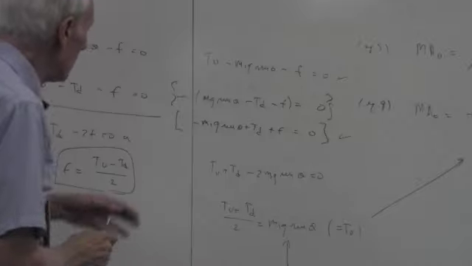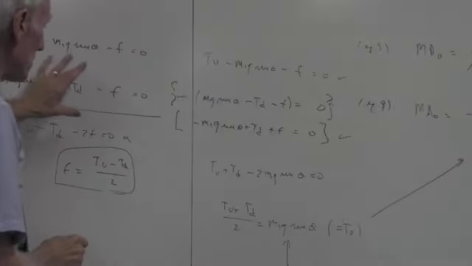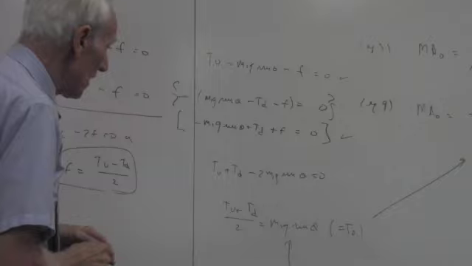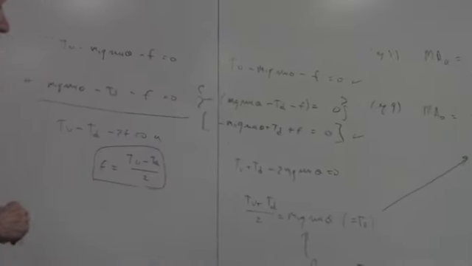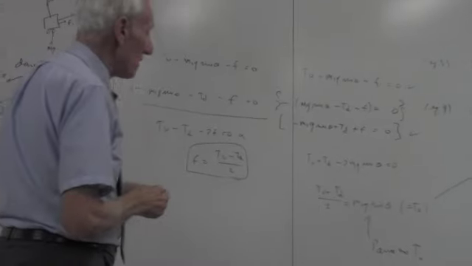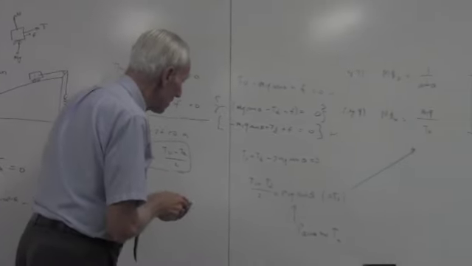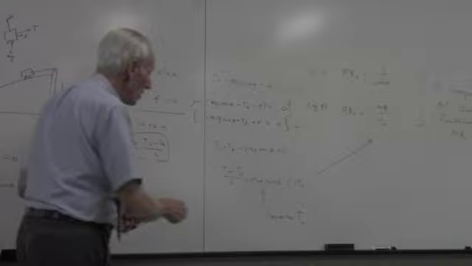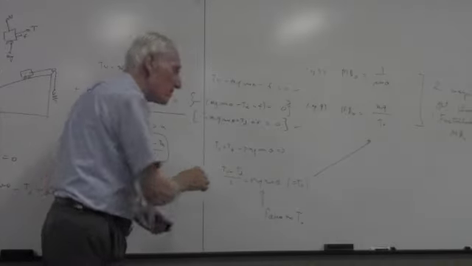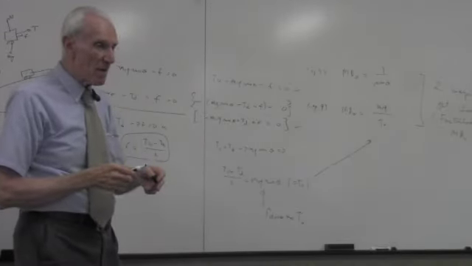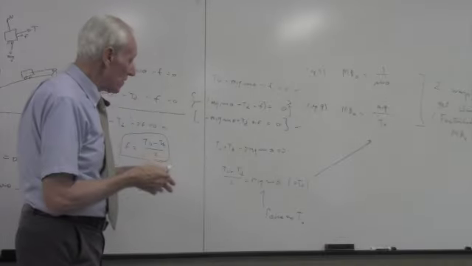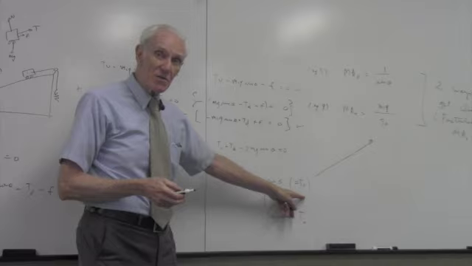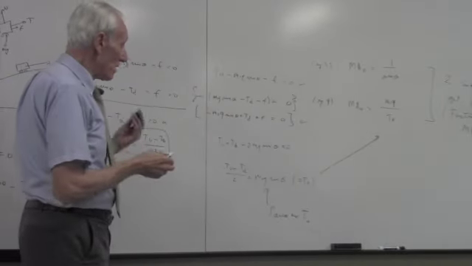So if we subtract these same two equations, we get T up plus T down, the tension up and down, minus 2 times the downward component of gravity. And if we divide both sides by 2, we get that the average of the up and down tension, literally we average out friction.